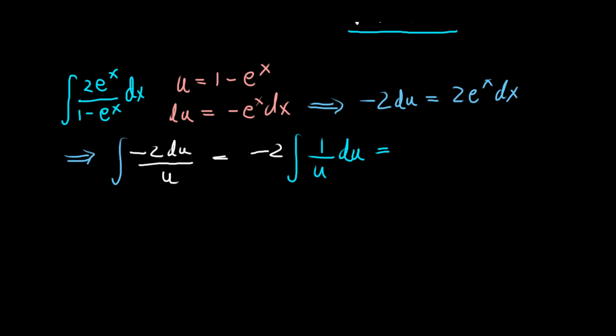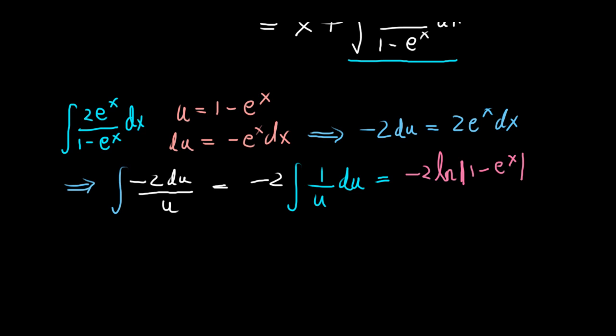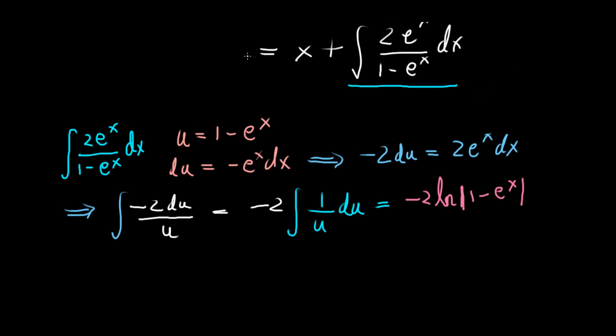This is very basic, so this is nothing but negative 2 times the natural log of the absolute value of u, but u is 1 minus e to the x, right? Okay, so that was the blue part, but we have to substitute this pink part back in here. So this is our final answer.